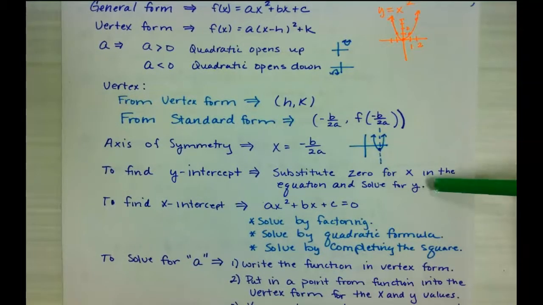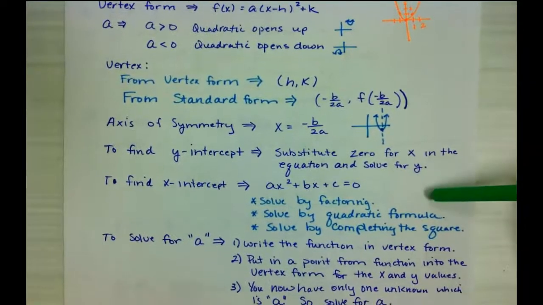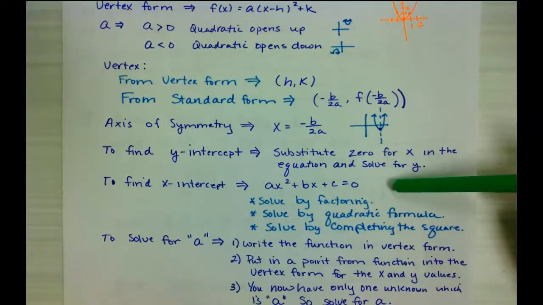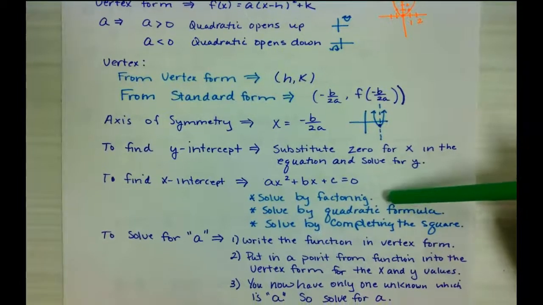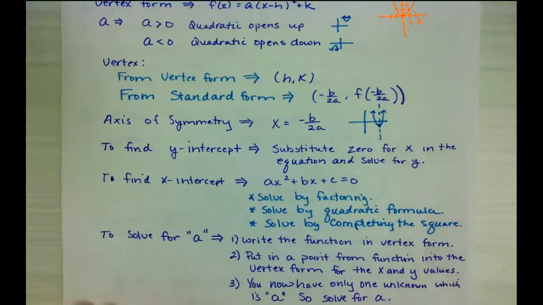We found y-intercepts by substituting 0 in for x. We found x-intercepts by setting the quadratic to 0, and then you could solve by factoring, by the quadratic formula, or by completing the square. Remember that completing the square when a is 1 and b is even is a really short way to come up with a solution.